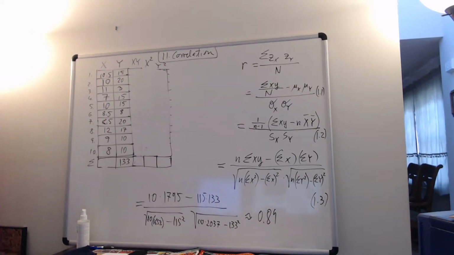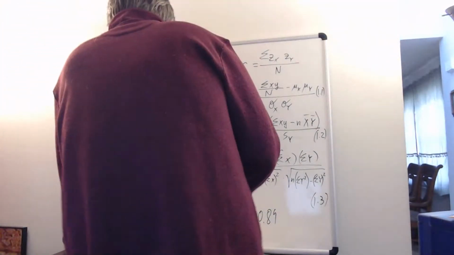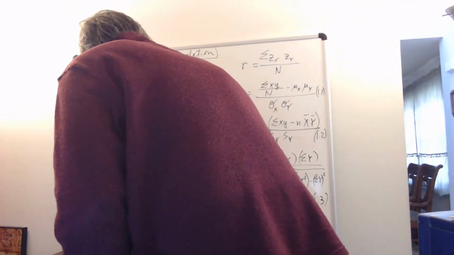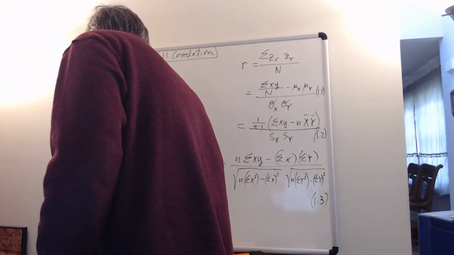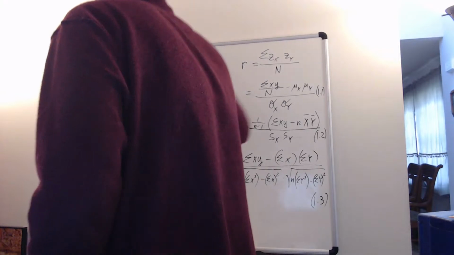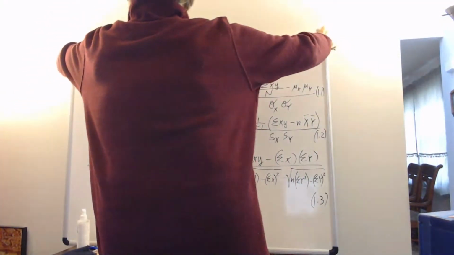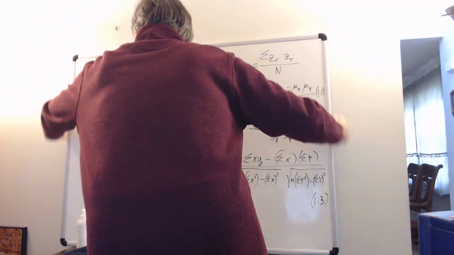So I calculate using the whole table, and I use this formula here. And in this story, this would be 94.5, and you can do the x squares and y squares yourself.